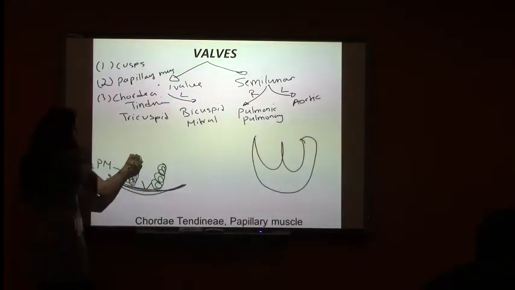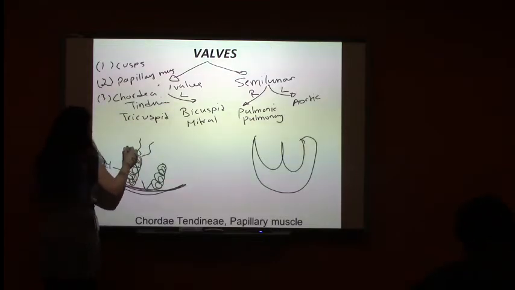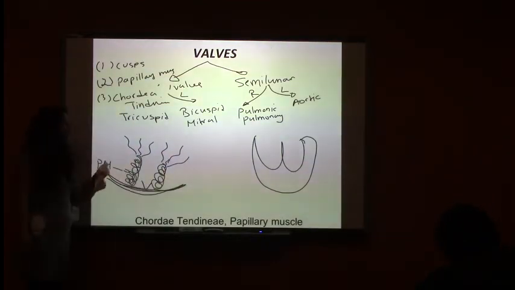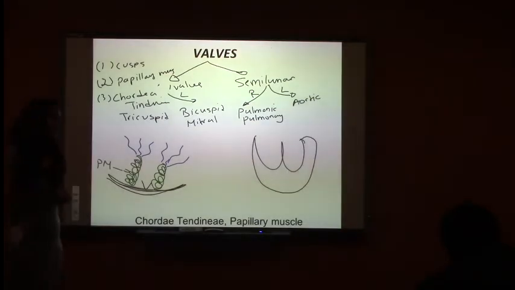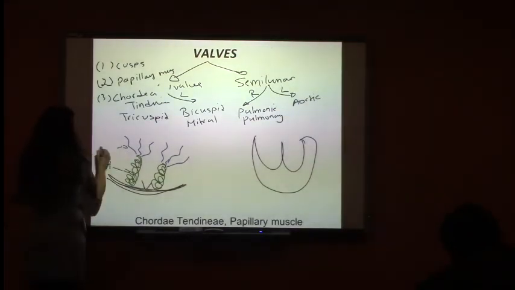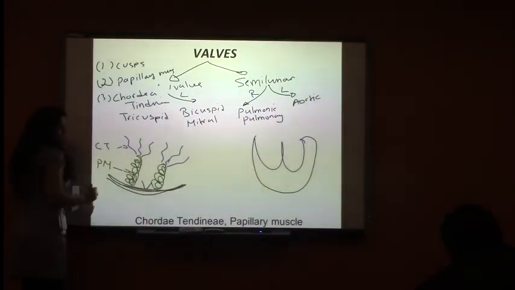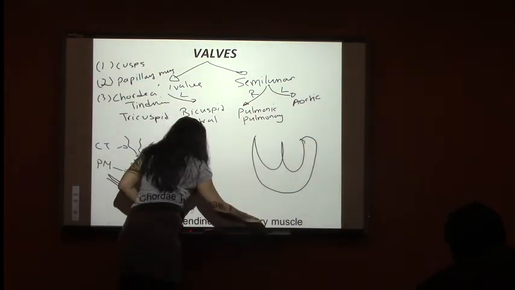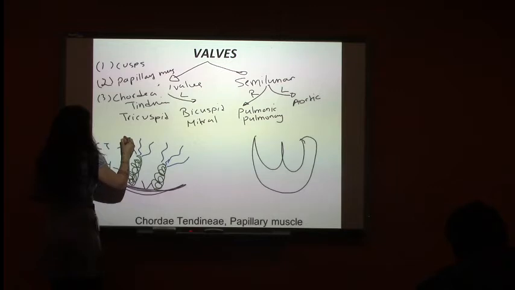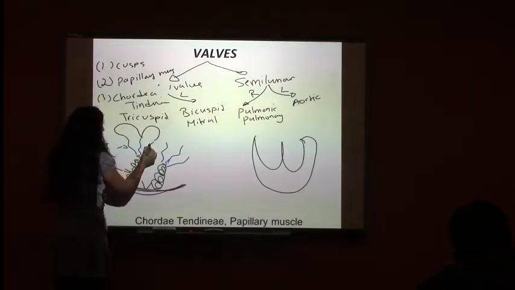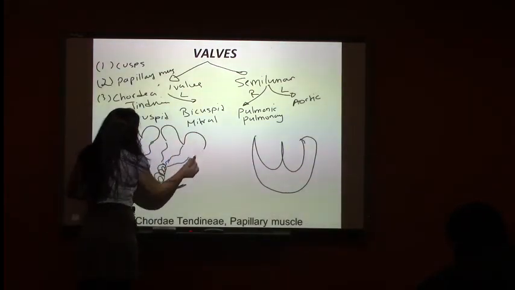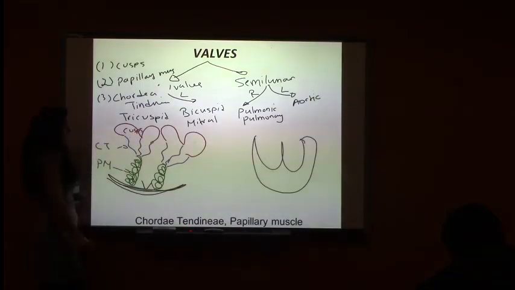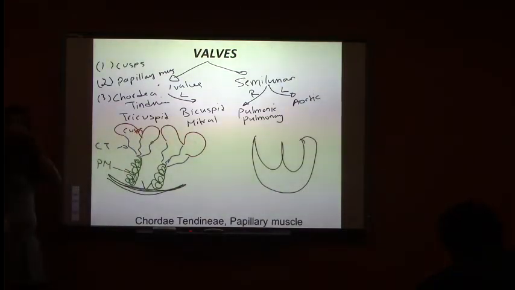From my papillary muscles, I have these cord-like structures extended. These cord-like structures are called chorda tendineae. Okay? And then from these chorda tendineae, I have the cusp. Okay? Does that make sense?